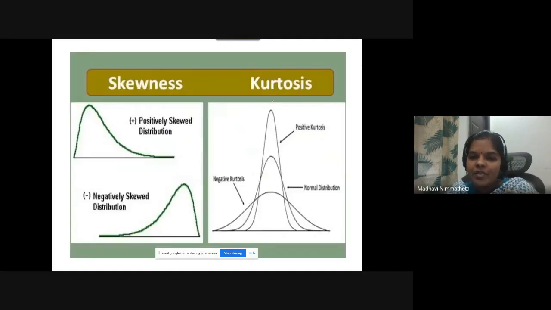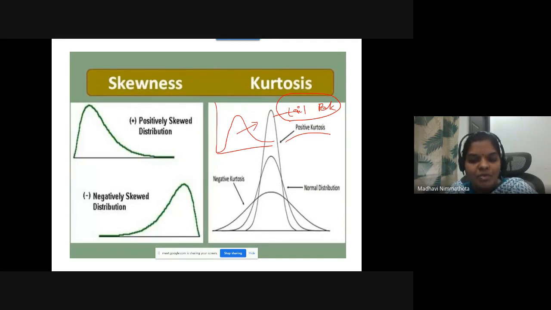And in case of kurtosis, how will it be? I already told you that when you take the drug particles distribution into consideration, you will get some tail-like structure, a tail-like peak. This is called a tailed peak. This is the kurtosis peak. Here this graph represents the positive kurtosis, and here this is the negative kurtosis. Where is the original normal kurtosis graph? This middle one. If your particles are distributed in this normal curve, this is normal kurtosis.